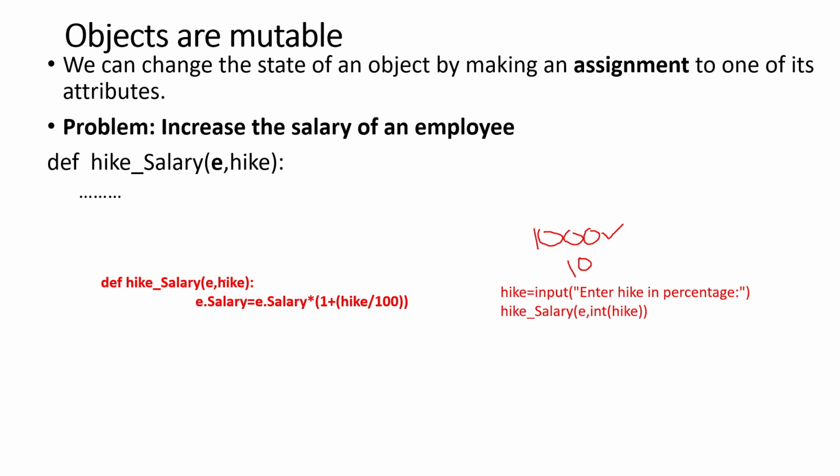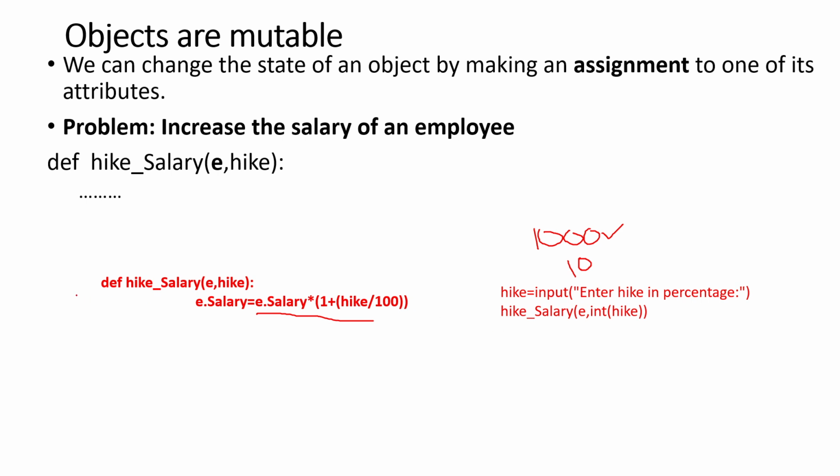As the object I'm passing here, I'm modifying the attribute. It is getting reflected. So the new salary will be 1000 plus 10% of that, 1100. So this is the meaning of mutation. The object state gets changed, gets modified.